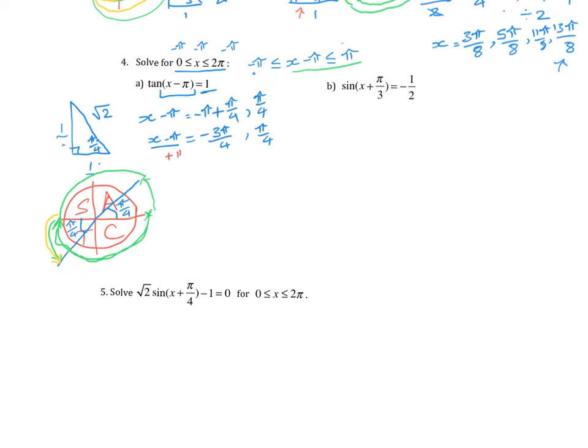I need to add pi, so they cancel out. But that means I need to add pi here and add pi there. So I end up getting x equals, okay, negative 3 pi on 4 plus pi is just pi on 4. Okay, pi plus pi on 4 is 5 pi on 4. Okay, and that's the answer.